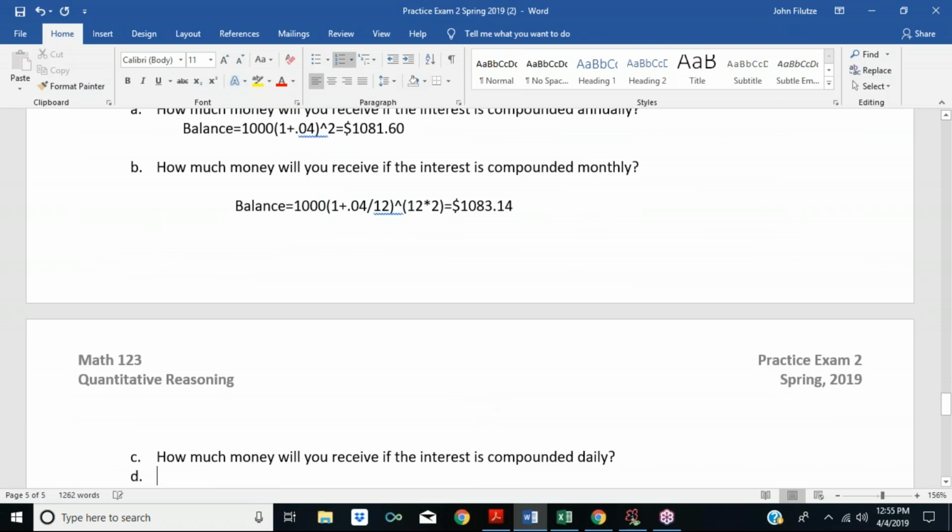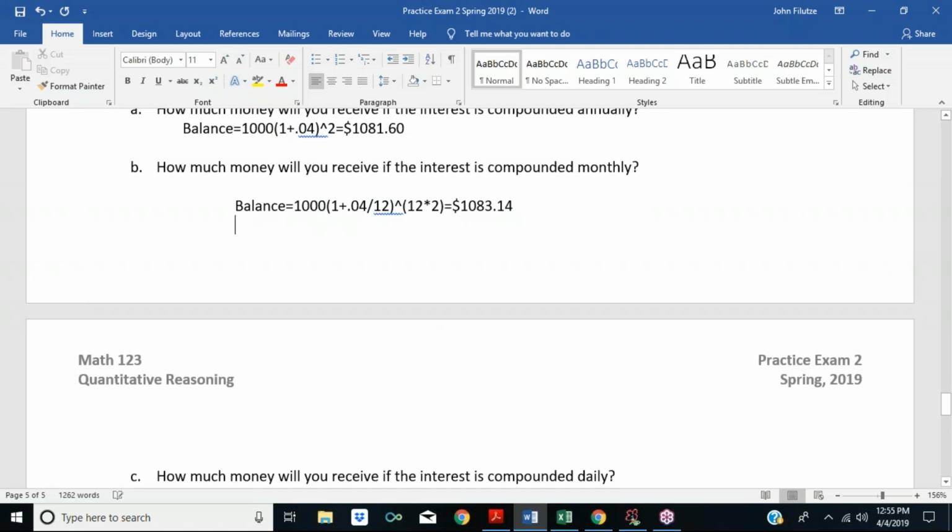And then the next one says, what if it's daily? Then I'll just do it up here. So if it were daily, we'd have the 1000, 1 plus, now we're going to do 0.04 divided by how many days are in a year? 365. And then that has to be in our power also, 365 times the number of years. And then that's going to be a little bit more.